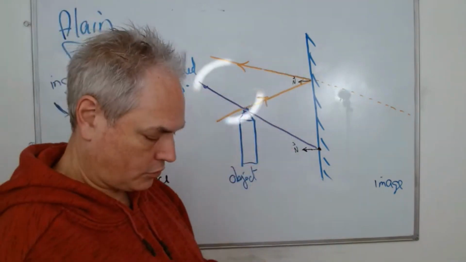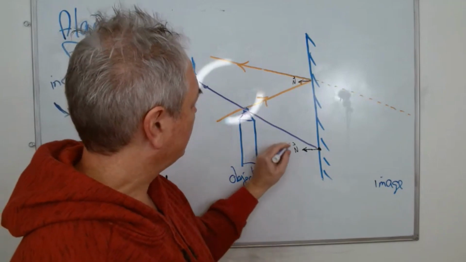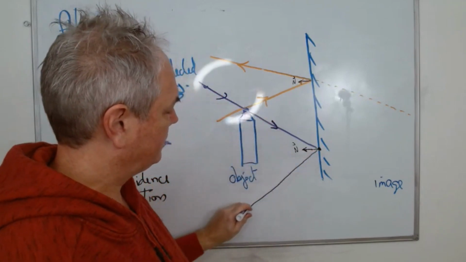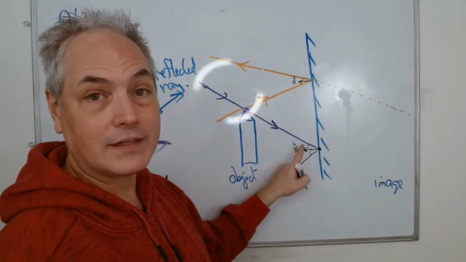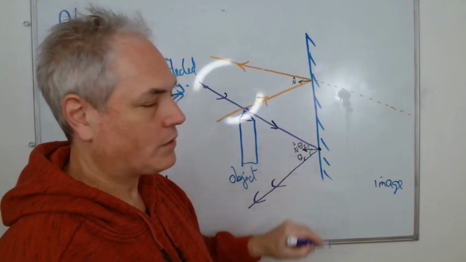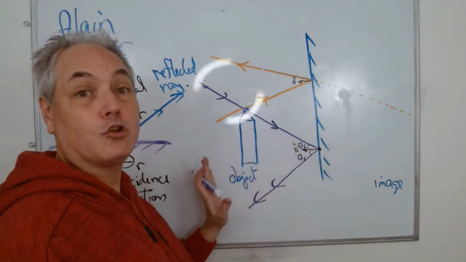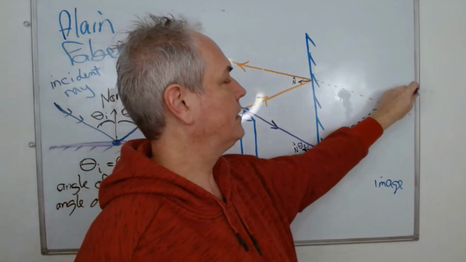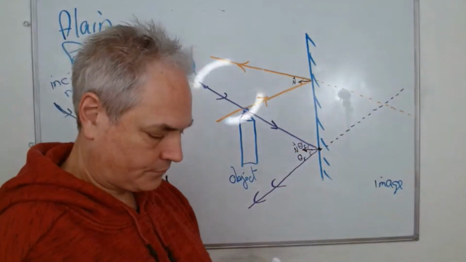But we have a reflected ray, so the ray is going this way, it's being reflected this way. And then we have here the angle of incidence equal the angle of reflection. But interestingly enough, this is reflected in the real world, but we have an imaginary line that could be at the back here as well.